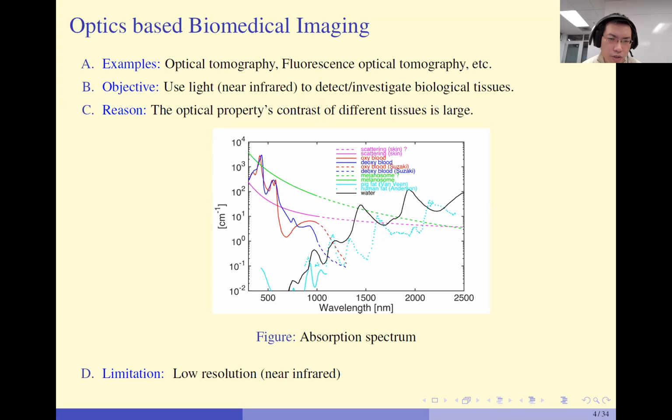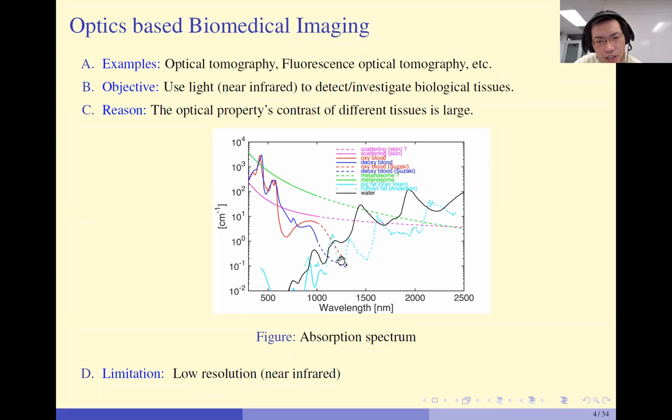The reason we can do this is that different tissues have quite different optical properties. Here I have included a figure about that. If you look at about 1,000 nanometer wavelengths, using an infrared laser to probe the medium, the red line and the blue line are the most important, and they have a relatively large difference.